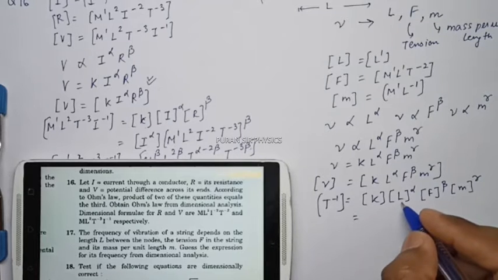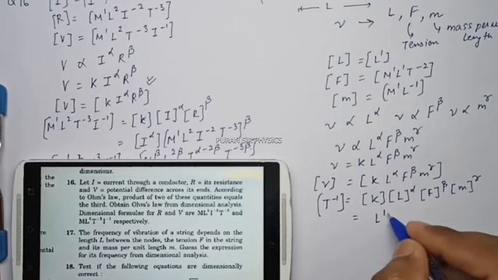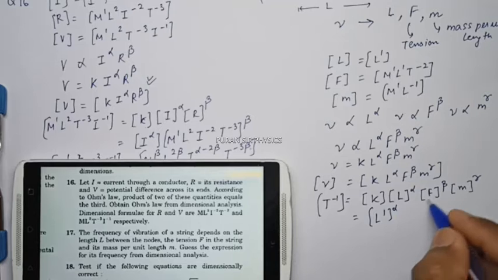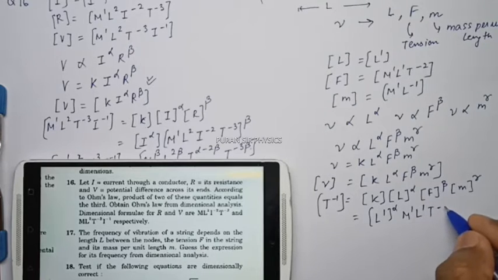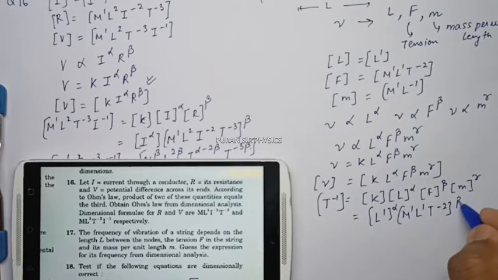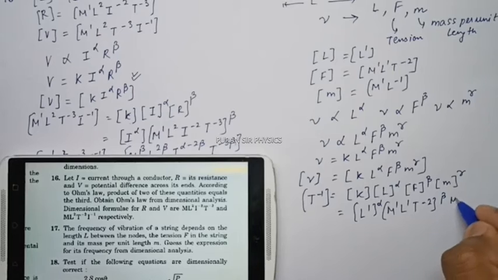The constant k is dimensionless, and the length has L raised to power 1. Force, this tension, has the dimension of force, so it will be M raised to power 1, L raised to power 1, T raised to power minus 2, and this is mass per unit length, so it will be M raised to power 1, L raised to power minus 1.